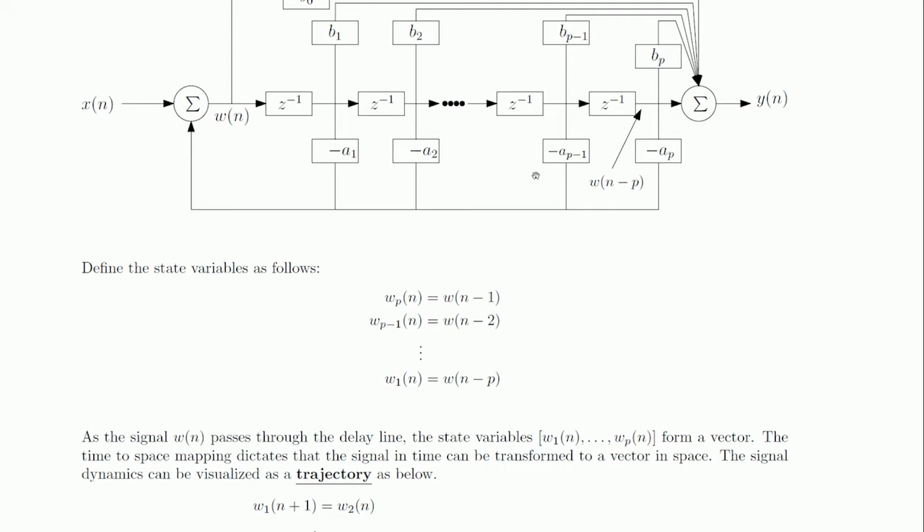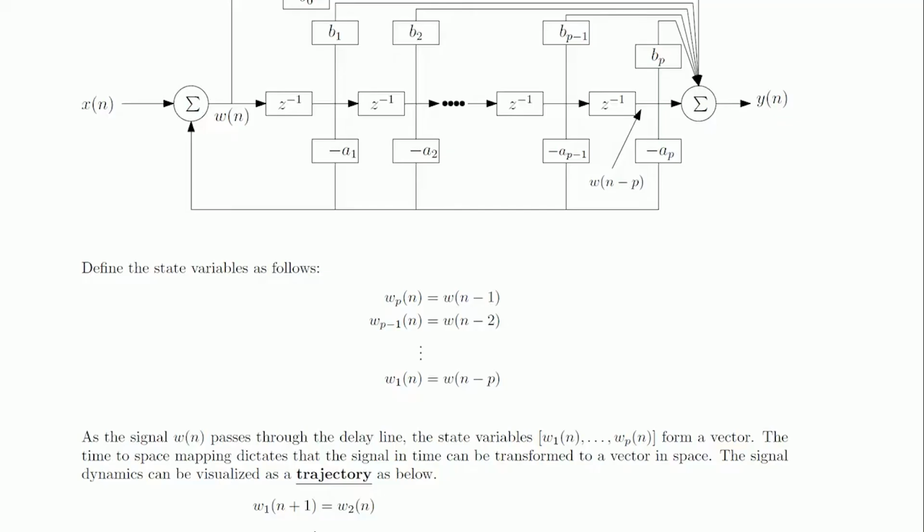This is a very important concept because a signal through a delay line can be transformed to a vector in a space. So, the conventional notion of what we think about as patterns in space can now be thought of using signals through a tap delay line, right.